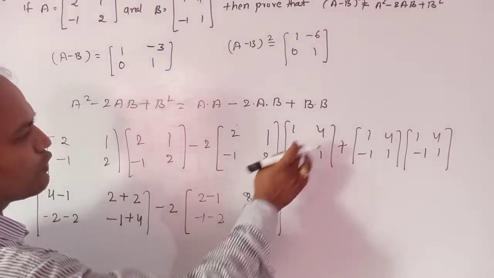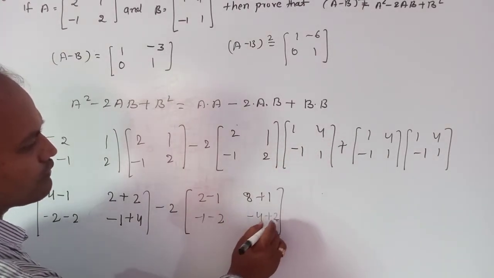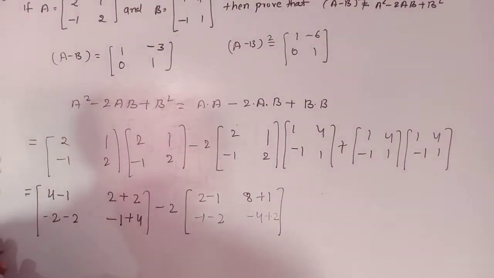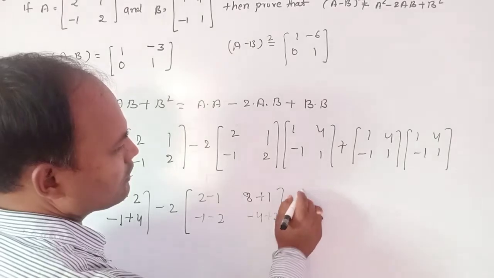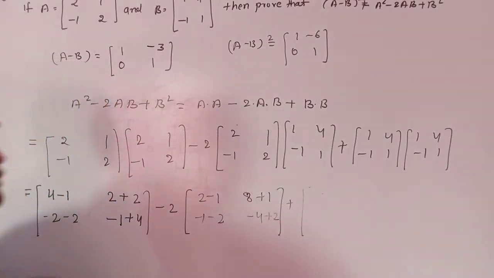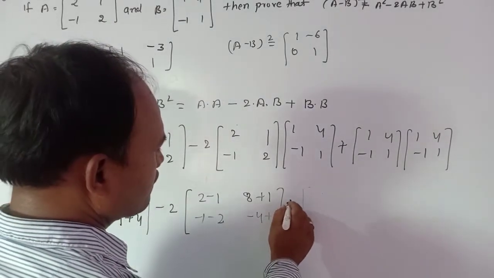Minus 1 multiplied by 4, so it is minus 4. 2 multiplied by 1, so it is 2. Now there is a plus here, a positive sign.